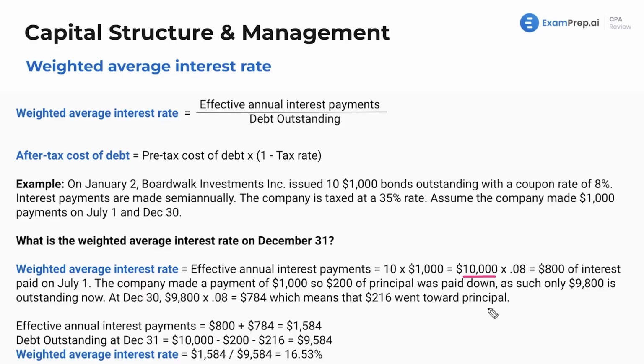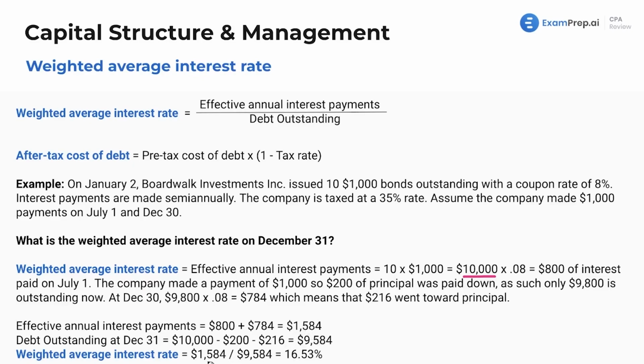We are slowly paying down the balance that we owe. Effective annual interest payments, right? That's $800 plus $784. This is our outflows of $1,584. Well, what's the debt outstanding at December 31st? That's $9,584. We get that because we have the original balance of $10,000 minus $200 minus $216.